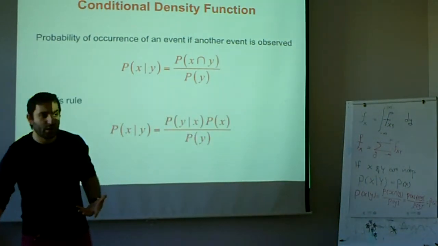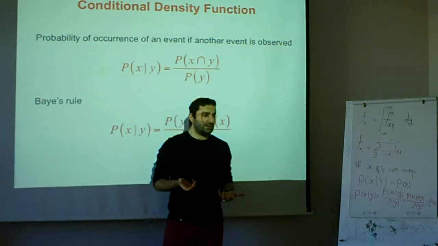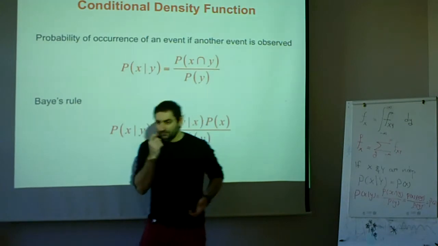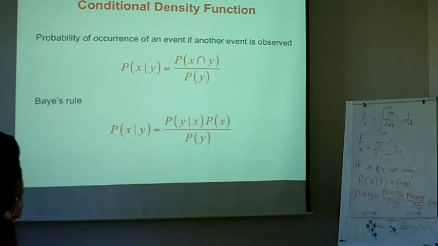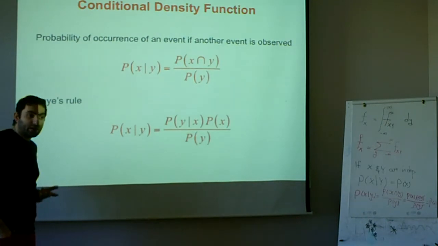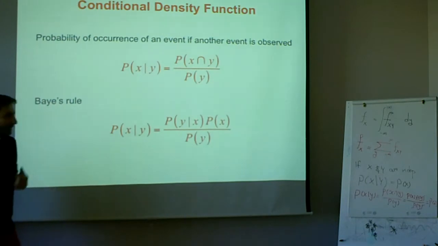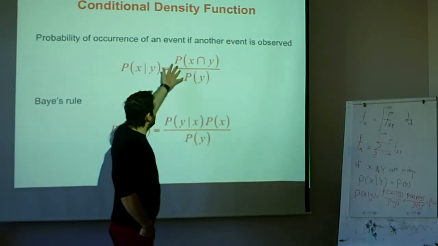If X and Y are independent, the probability of X given Y is the probability of X. But if they are not independent, then the probability will be calculated by using this formula.